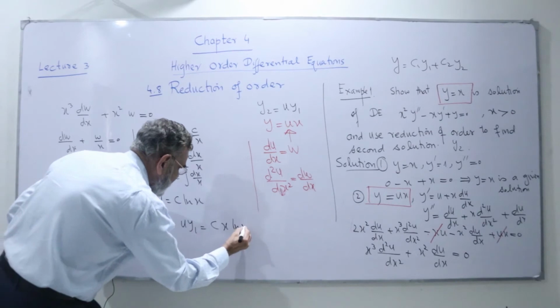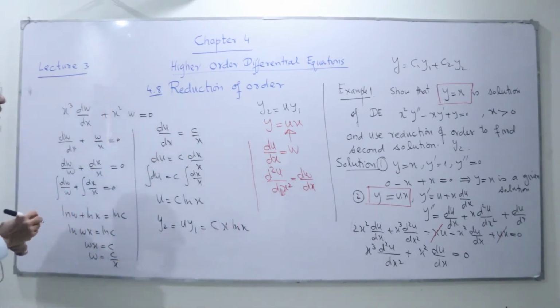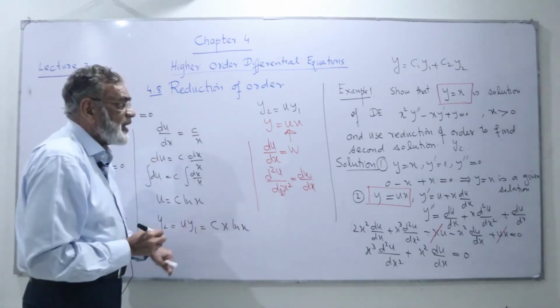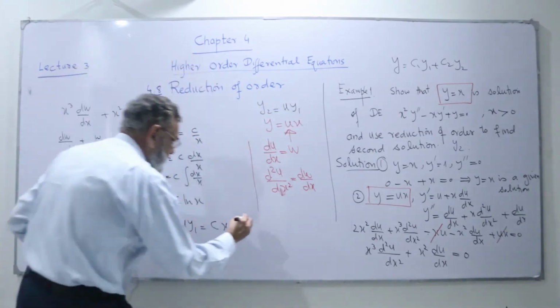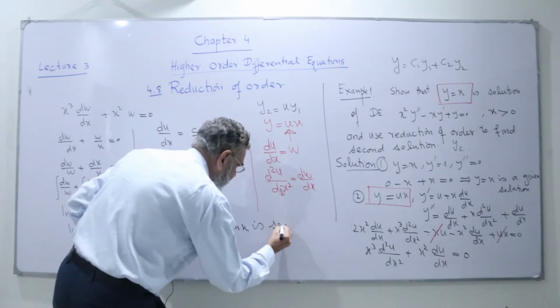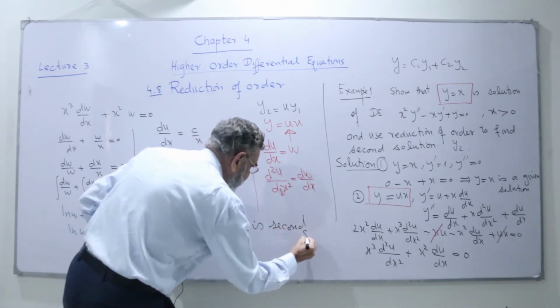We want to find my general solution. This is my constant, I can drop it because a constant multiplied by a constant is another constant. This is my second solution, the second solution that I wanted to find.